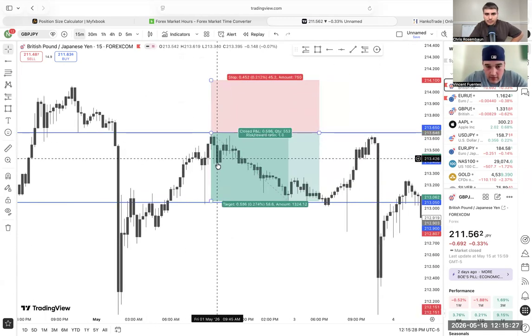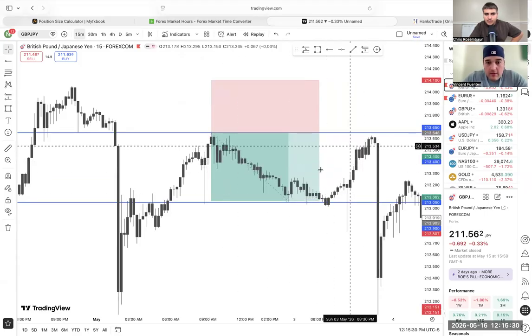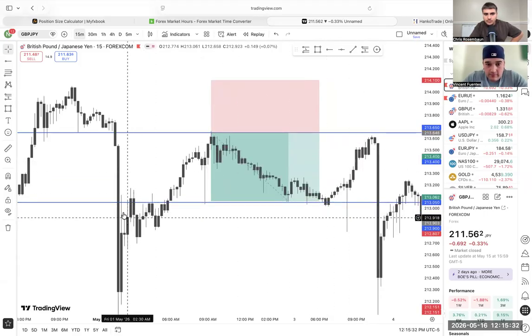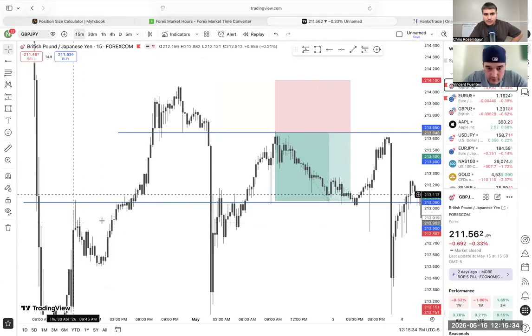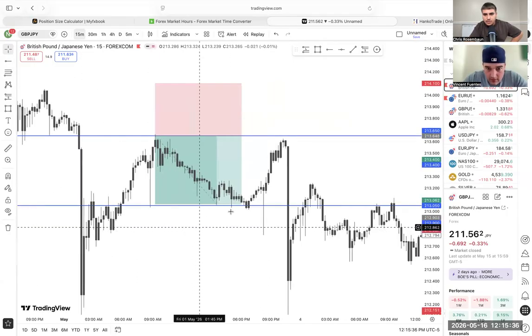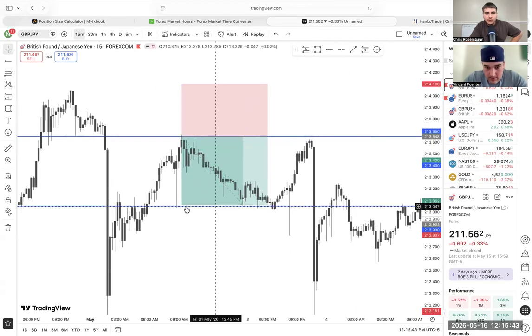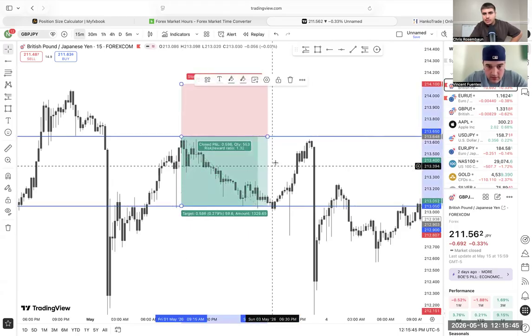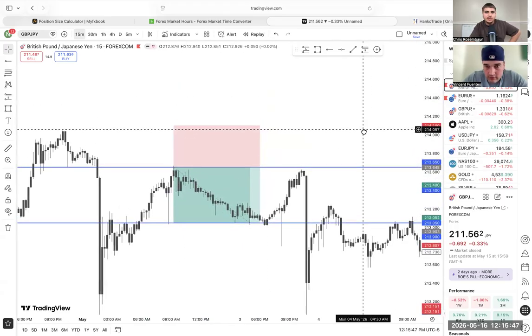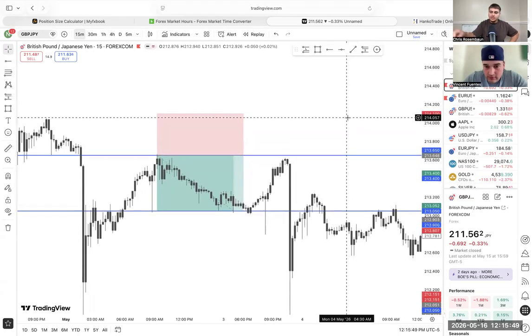Boom, enter, exit where? At your floor. You have resistance right here. You have resistance, resistance. All you do is 213.050. And the reason why these numbers play around these whole numbers like that is because, this is why.